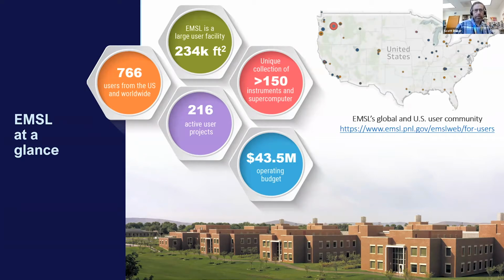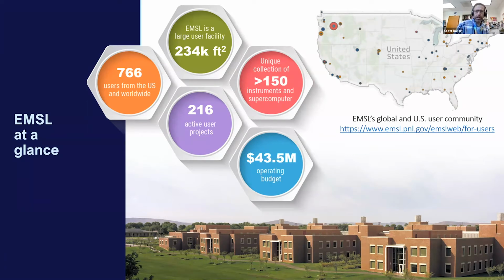We have over 200 active user projects at any one time, hundreds of users from the US and obviously worldwide, internationally. This is a US map of our users, but we do have users from all around the world. Our footprint is actually quite large, over 234,000 square feet.